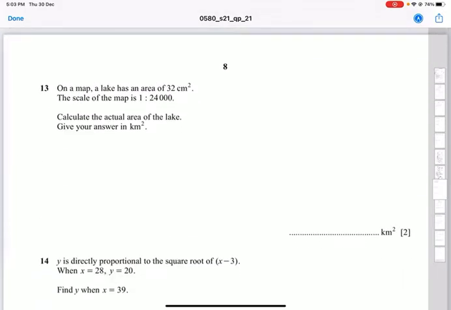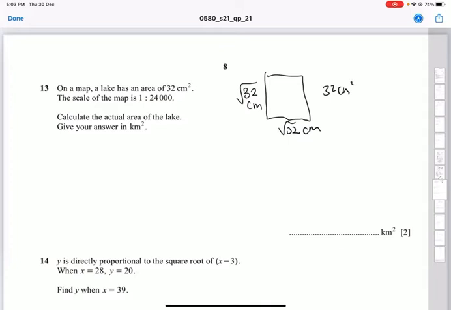Now this is about scaling. It says here on the map a lake has an area of 32 cm square. So let's pretend it's a square for a second. This means that it's going to have square root of 32 cm by square root of 32 cm. And this gives you the area of 32 cm squared.